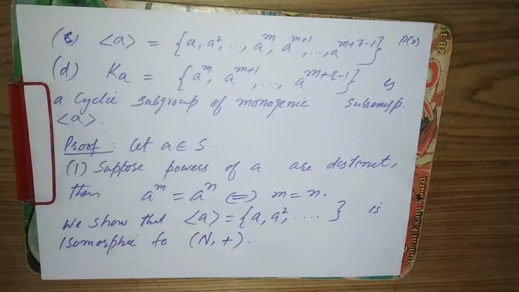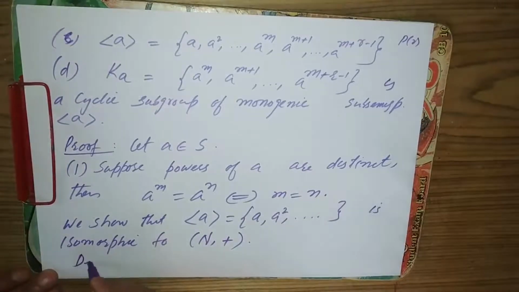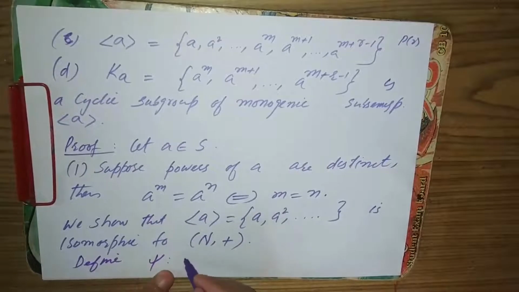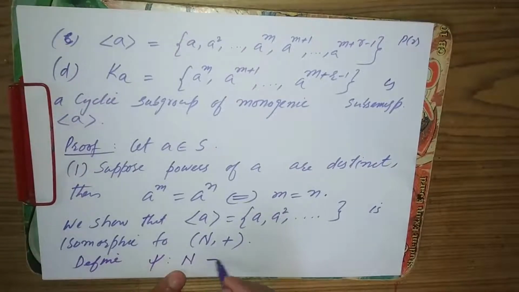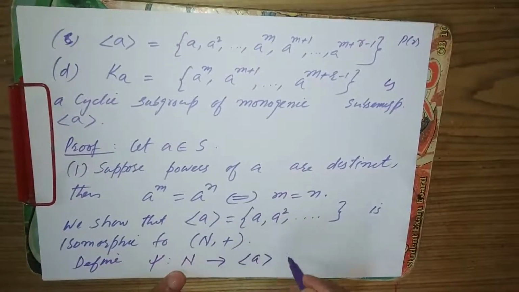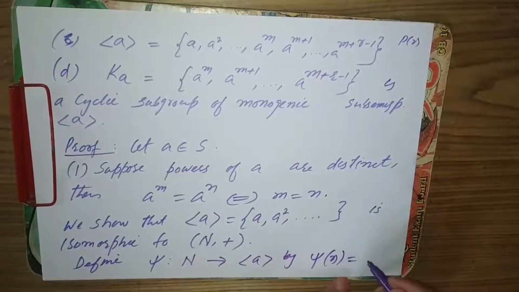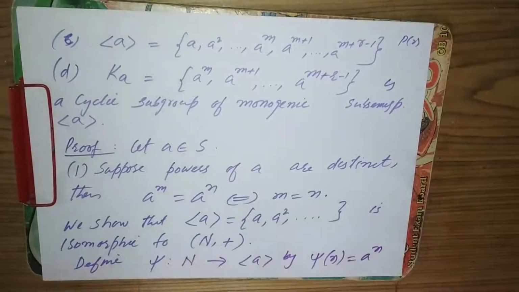For this we need to define a map. Define psi from N, the set of natural numbers, to this monogenic semigroup by psi of n is equal to a power n. That's a natural way to define this map.